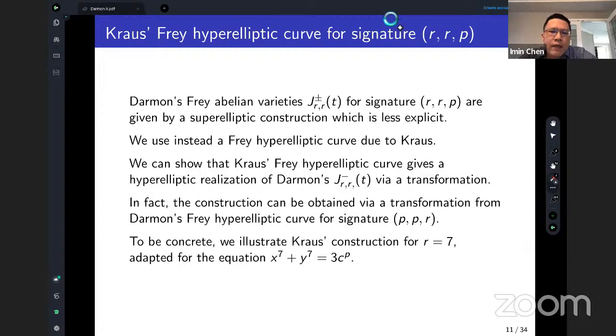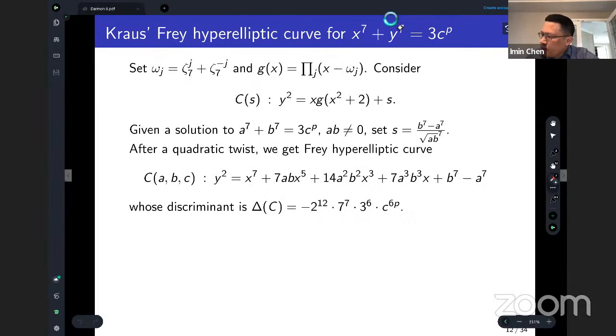I'll illustrate Kraus's construction in the case r equals 7, and with the constant C equals 3, just to be concrete. However, the constructions work for general r and general C. So here's Kraus's Frey hyperelliptic curve in this setting.